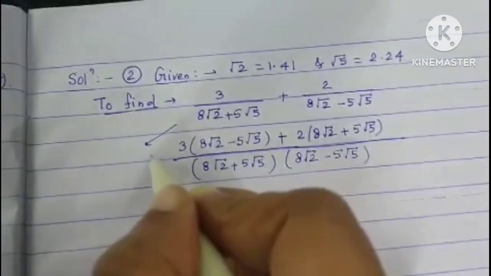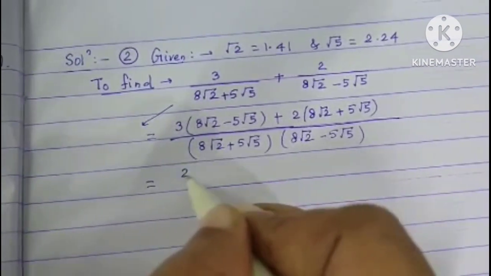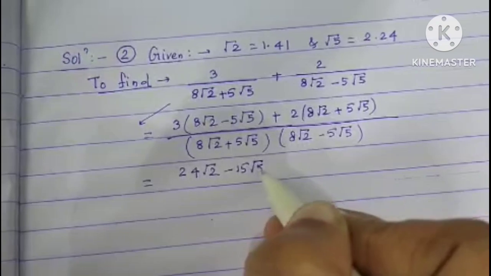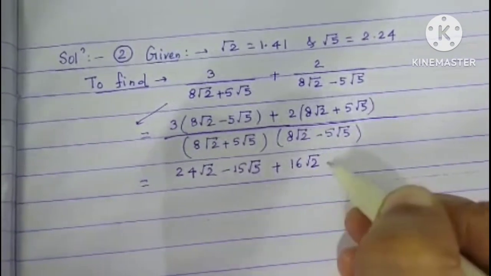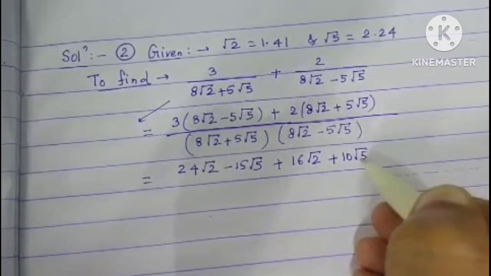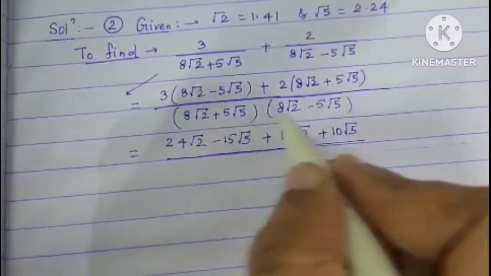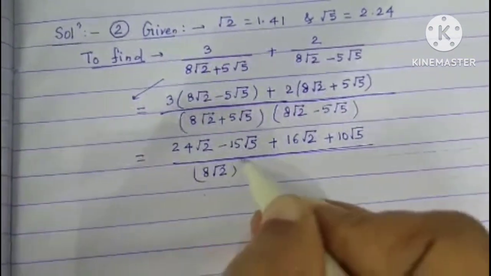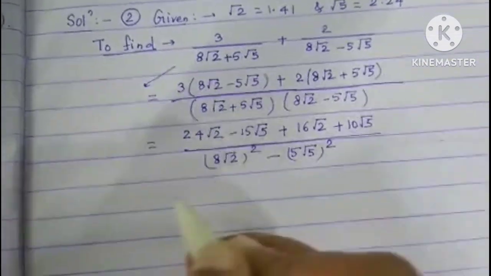So this will become 24 root 2 minus 15 root 5 plus 16 root 2 plus 10 root 5. And this is a plus b into a minus b, so a square, 8 root 2 square, minus b square, minus 5 root 5 square.